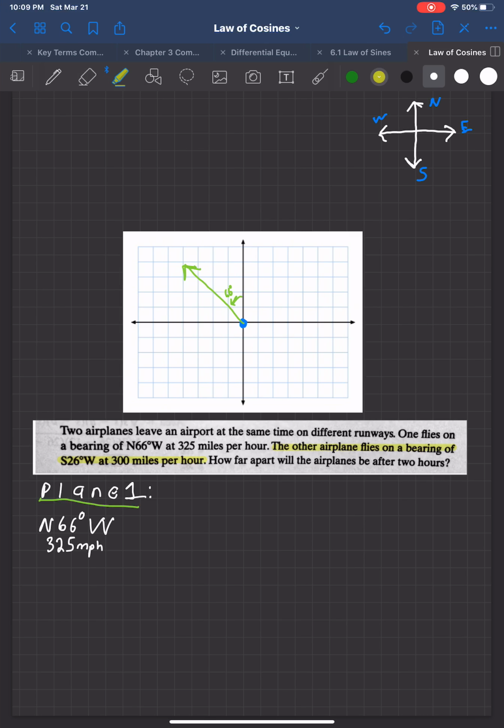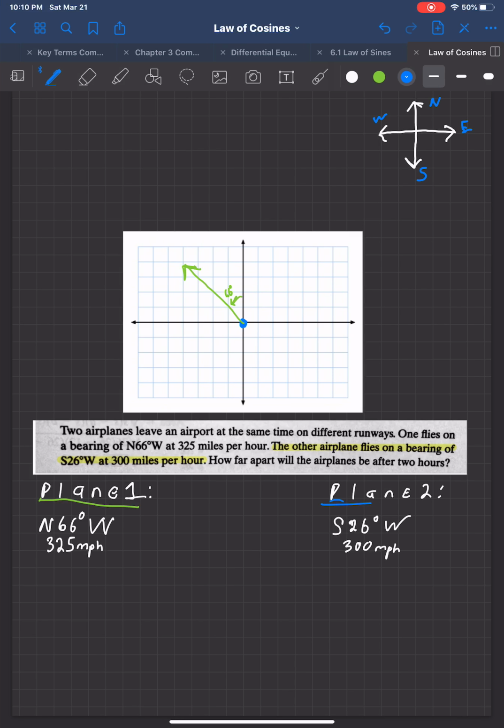All right, so plane 2. It's going on a bearing of south 26 degrees west and at 300 miles per hour.